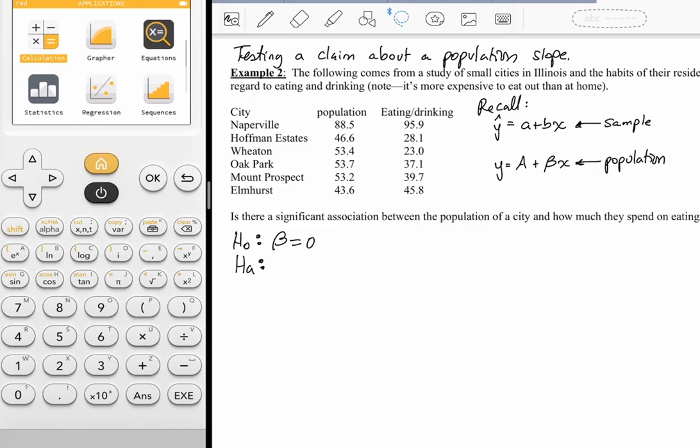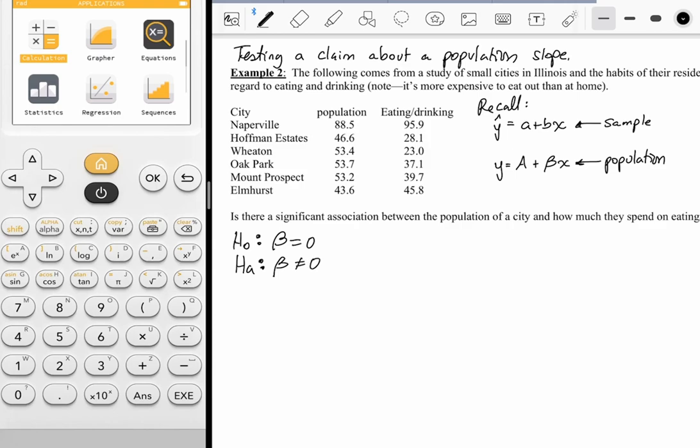Right? The alternative to that depends on what the question's asking. If it says that there's a significant association or there's a relationship or correlation between two variables, then the opposite of that would be that there's no significant one, right? So that would be an equal versus not equal instance, right?